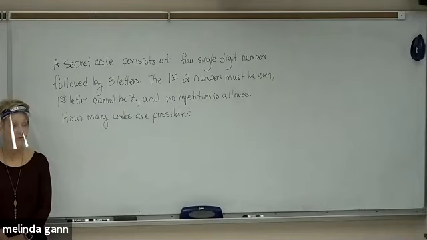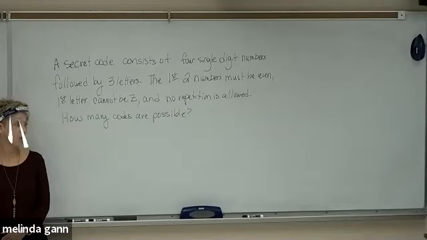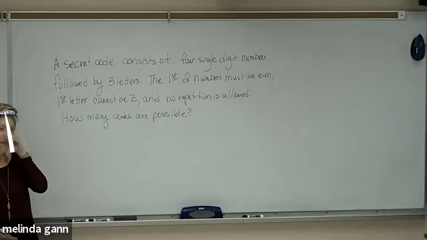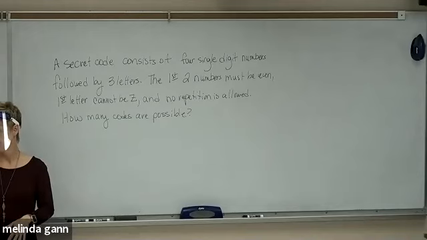I'm telling you, order matters. Are there any special conditions? Yes. So I can't use permutations. Order matters, so combinations is gone. I've got special conditions, so permutations is gone. So that leaves me with the counting principle.